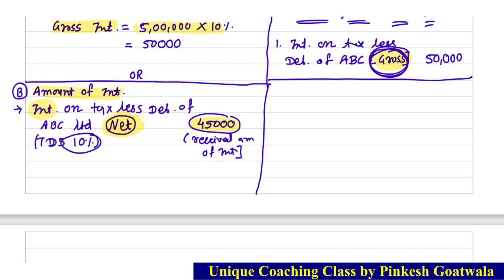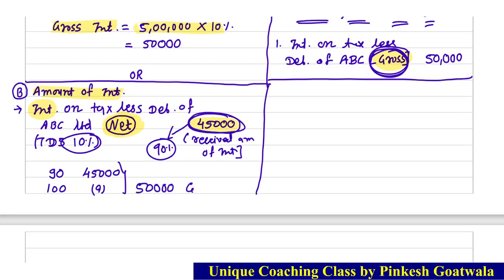So 10% is already deducted, so this is the amount of 90%. So we have to do 45,000 divided by 90 into 100. So you will get 50,000. It is the gross amount.